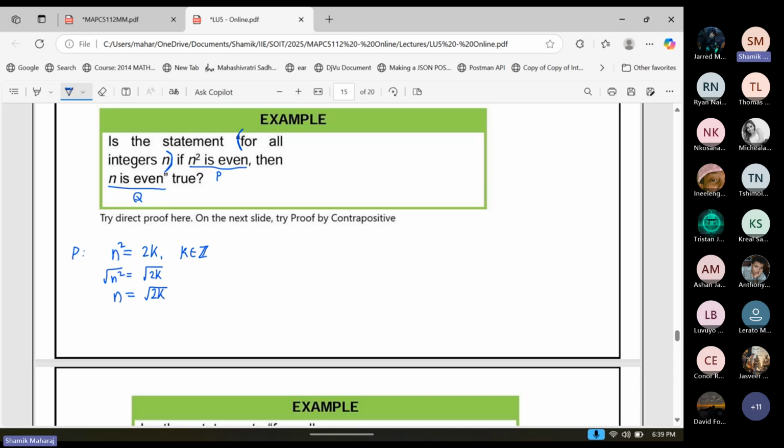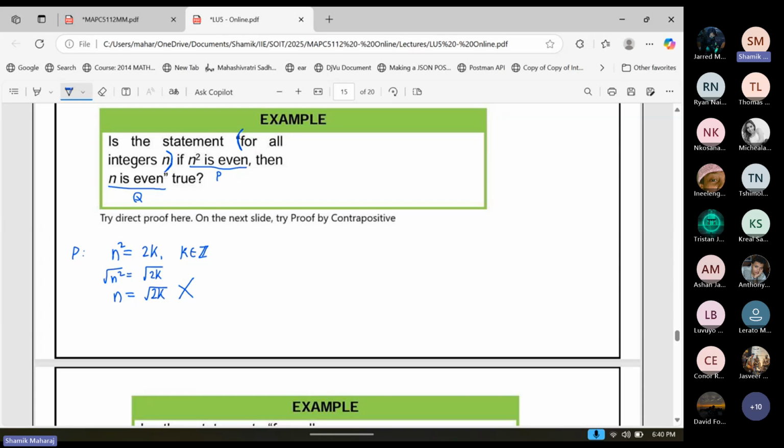Now does this imply that n is even? Well, it's not immediately obvious, right? We could try tricks here and make it work, but this is apparently not so easy to do. Of course it's possible, of course it must work. But the point is it's difficult, so maybe there's an easier way. We're not going to kill ourselves going too far with this.